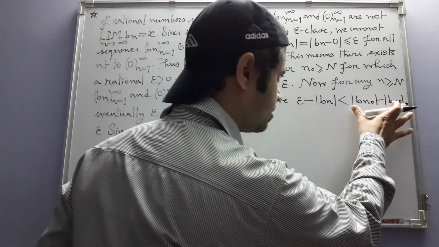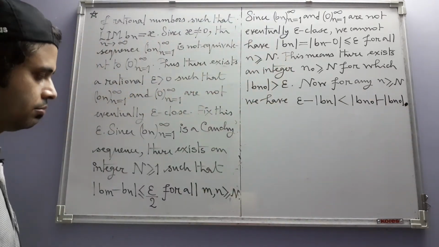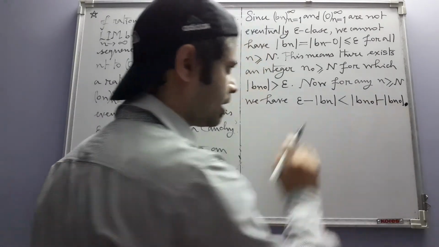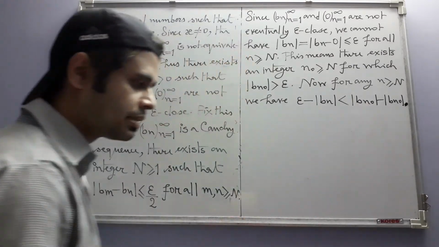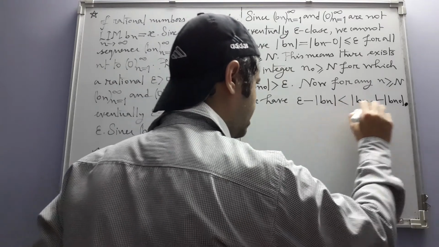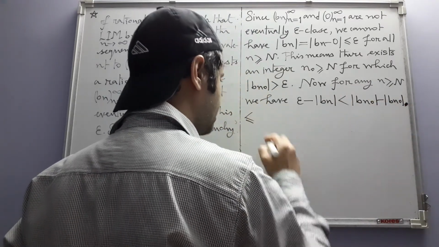Now this is a real number. Well, it's a real number means it's a rational number. So we already know from properties of absolute value of rational numbers that any rational number is less than or equal to its absolute value.